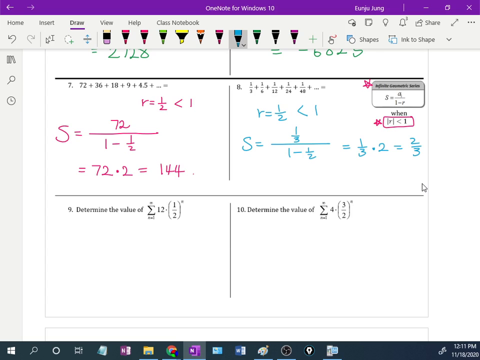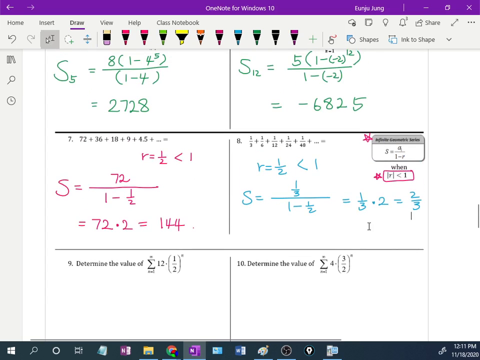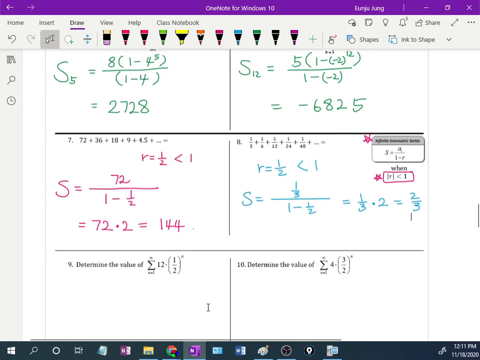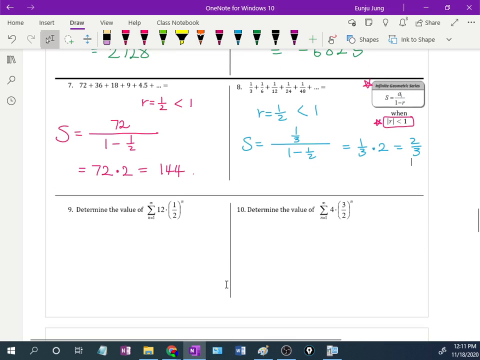Number 9, what is the difference between this sigma notation and above? You have infinity for the end, right? So it goes forever and ever. So this is the notation for geometric infinite series. So let's calculate it. Can I work on the formula? What is r? It's less than 1, so it is working, right? So let's calculate.